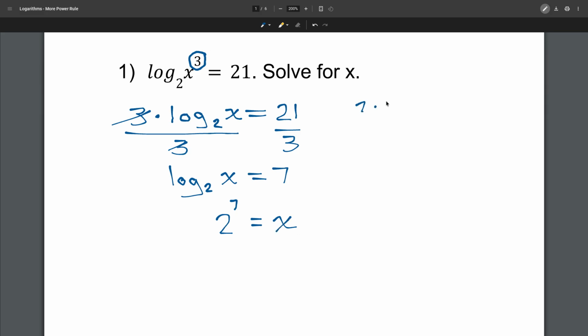So 2 times 2 is 4, times 2 again is 8, times 2 again is 16, times 2 again is 32, times 2 again is 64, times 2 again is 128. So x equals 128.